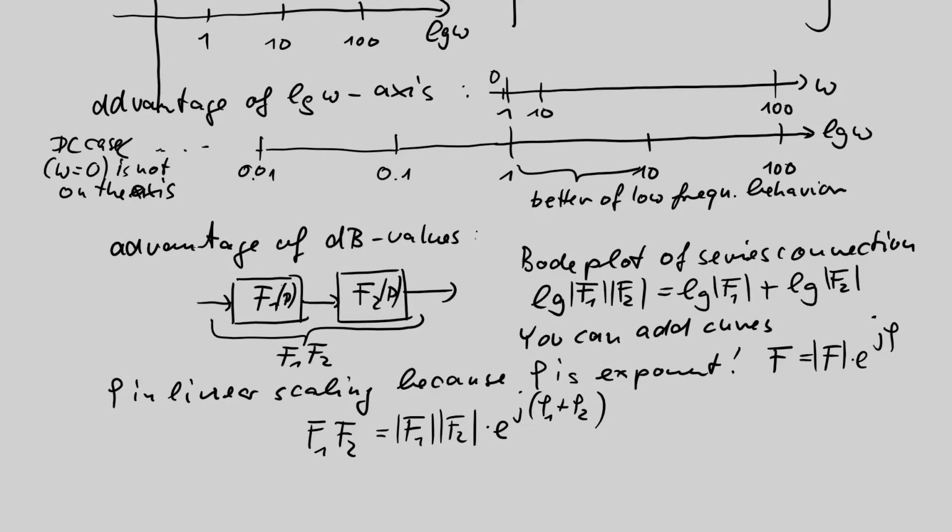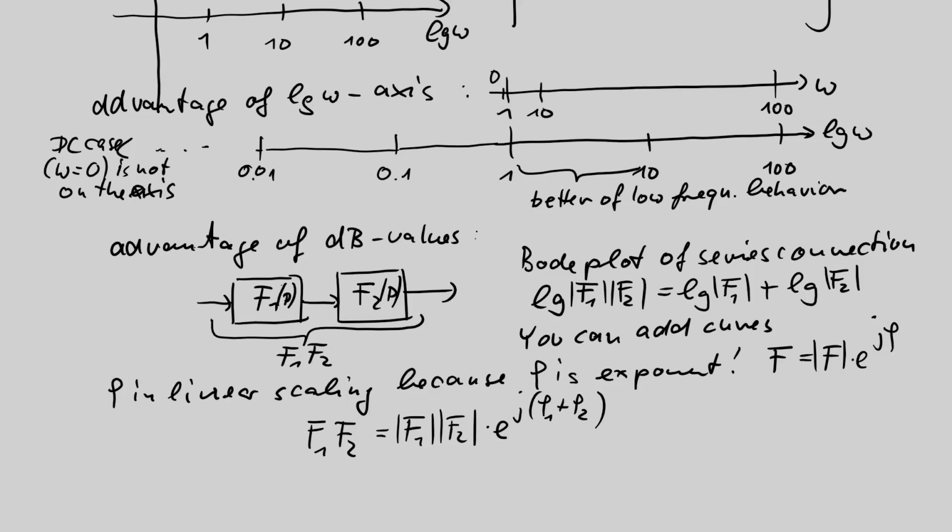That means the series connection of two filters is the multiplication of the magnitudes, the addition of the dB values, and just the addition of the phase values. So it's not necessary to display the phase curve in a vertical logarithmic scaling, because the two phase curves are added in a series connection.